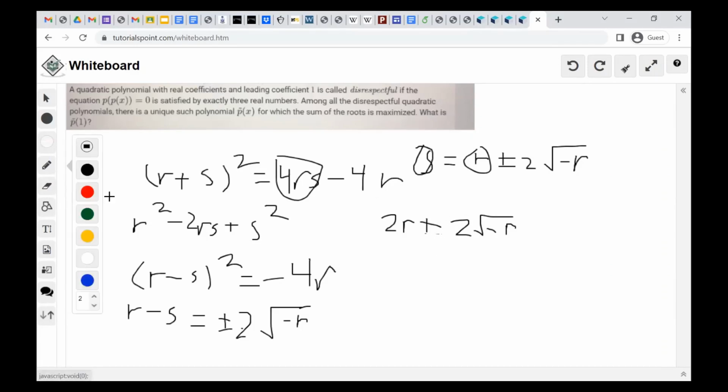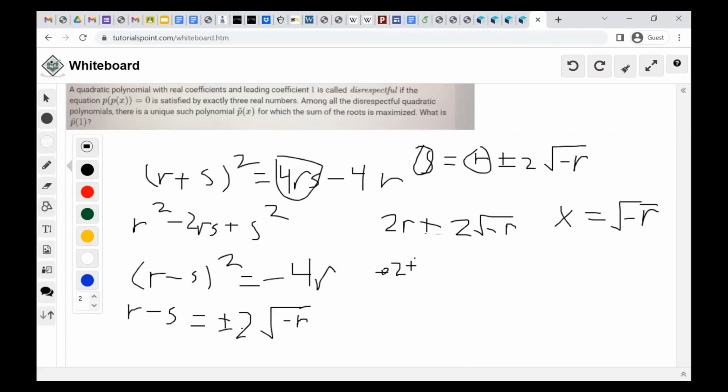So we want to find the maximum possible real value of this, where r is negative. So if we consider x equals root negative r, then x squared is equal to negative r. So r equals negative x squared.